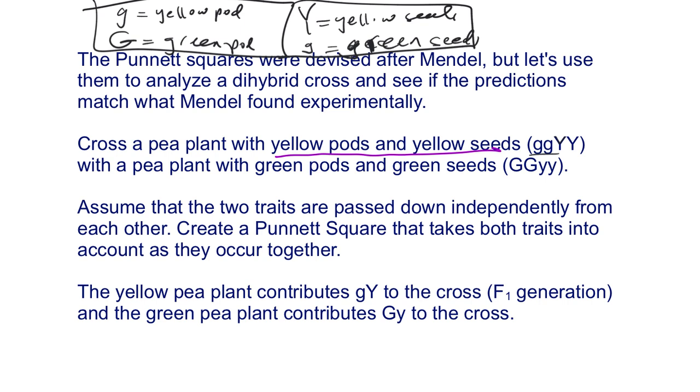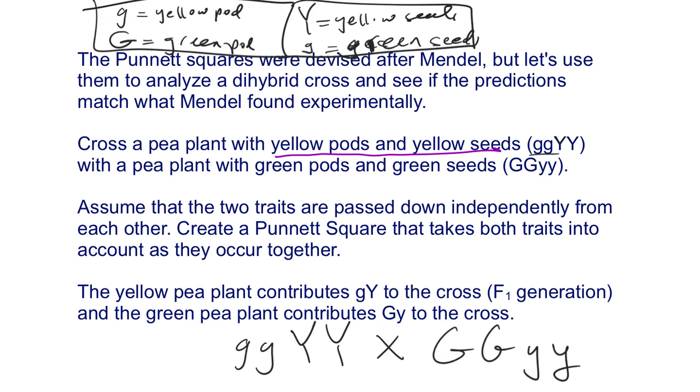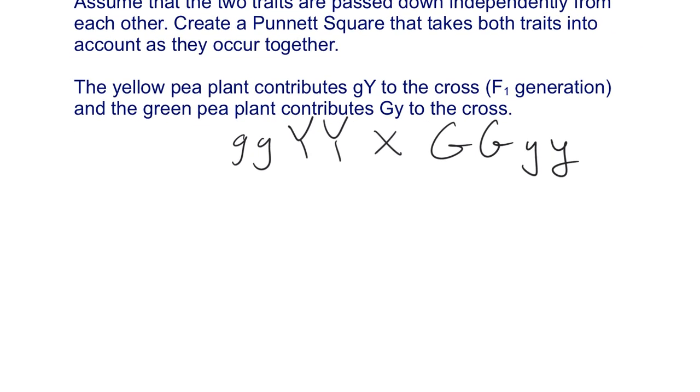Okay, so we have a cross like this. We're going to do a Punnett square with little g little g, big Y big Y times big G big G, little y little y. Now, this is time consuming in a way.